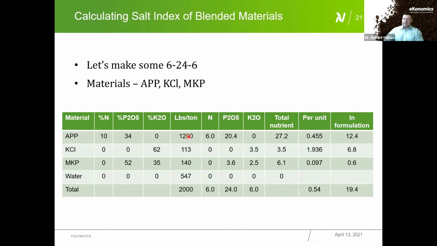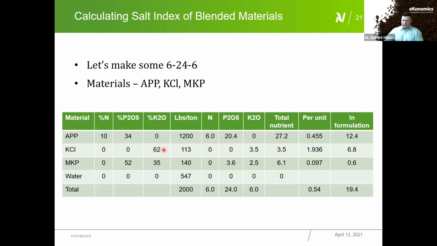So that 1,200 pounds, you do the math, that's going to be in the final analysis in this 1 ton, 6% nitrogen. That's going to be 20% phosphate contributed from ammonium polyphosphate to the final product. I show you this math here in a subsequent slide. It's pretty straightforward. Again, this isn't highly complicated mathematics. I feel like I'm always talking about math in this particular webinar series, though.